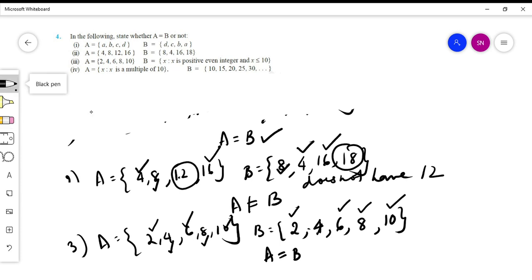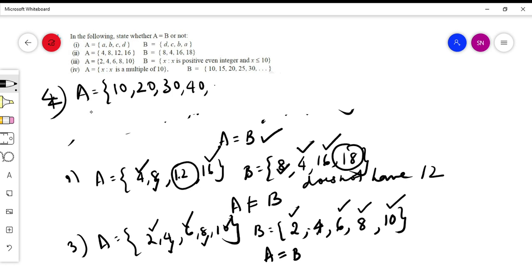The fourth question says A is the set of all x such that x is a multiple of 10. So the multiples of 10 being 10, 20, 30, 40, and so forth, dot dot dot. Now when I come to set B, see what elements are given to us: 10, 15, 20, 25, and so on.